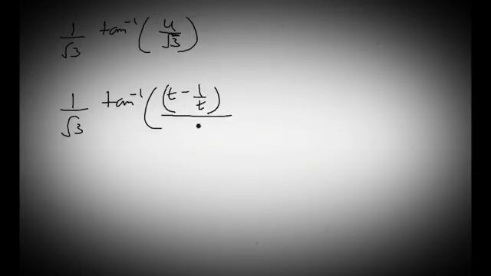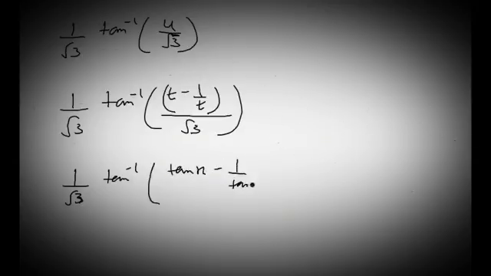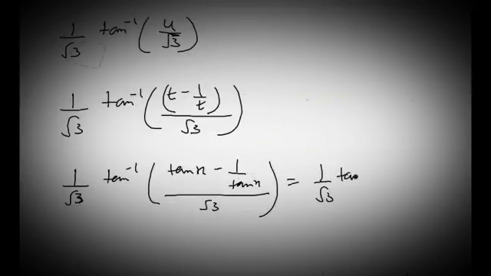Then when I substitute back value of u, it will become tan inverse of t minus 1 upon t upon root 3. And then when I further substitute value of t as tan x, I will get tan x minus 1 upon tan x upon root 3, which can be written as 1 by root 3 tan inverse of tan square x minus 1 upon root 3 tan x.